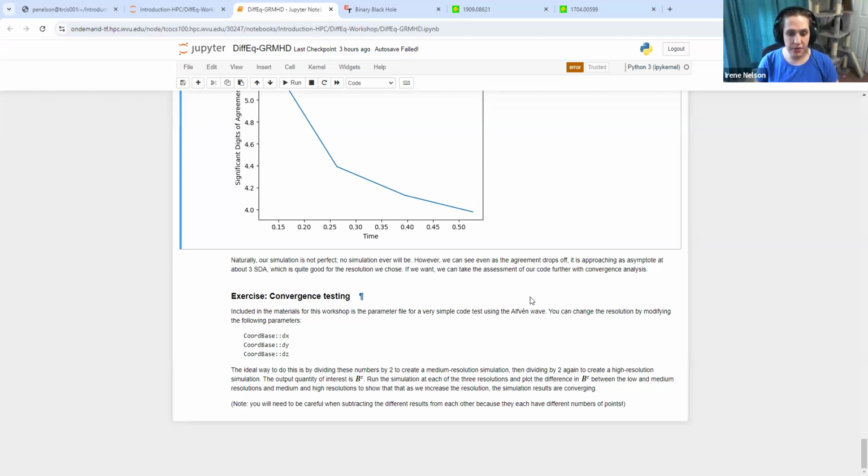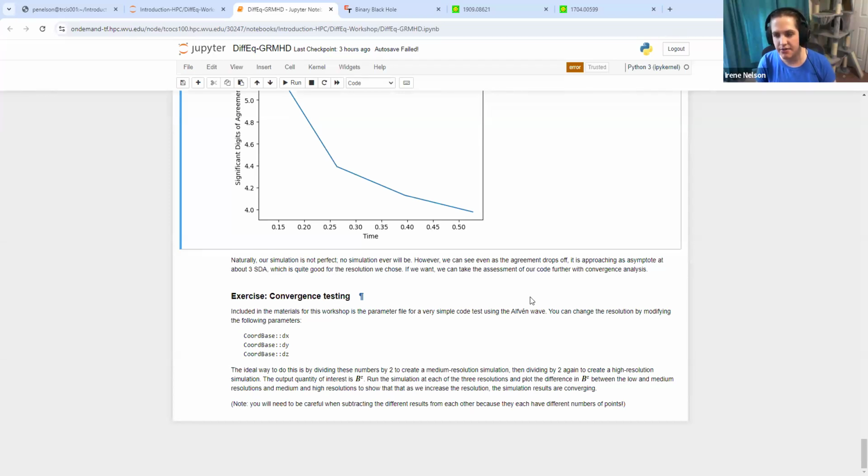And then, looking at the quantity of interest, Bz, that's the magnetic field in the z direction, we would look at the difference between the low and medium resolutions and the medium and high resolutions, and we would be showing that as we increase the resolution, the error in the simulation results, or the difference between those two resolutions, should be decreasing exponentially. And then if we do that, we also need to be very careful when we try to subtract those results against each other.